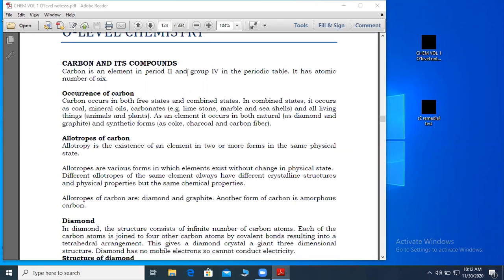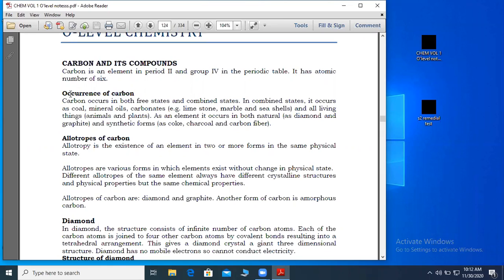That means it has 4 electrons in the outermost shell, so it is in group 4. If it has 2 energy levels, then it is in period 2 of the periodic table, and it has an atomic number of 6.